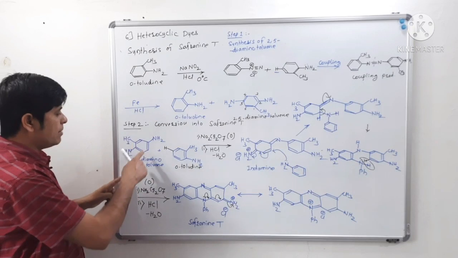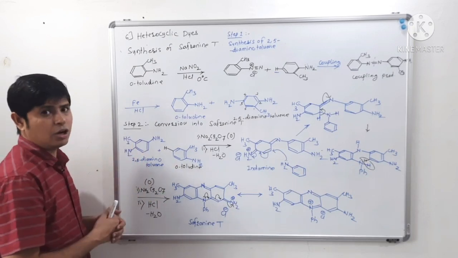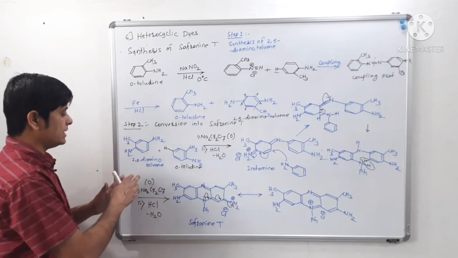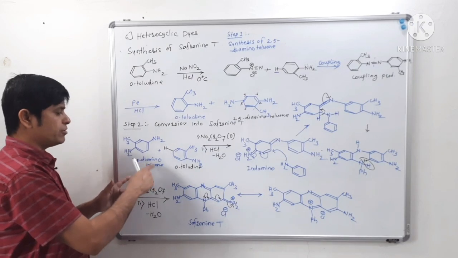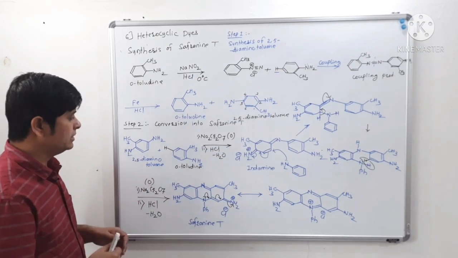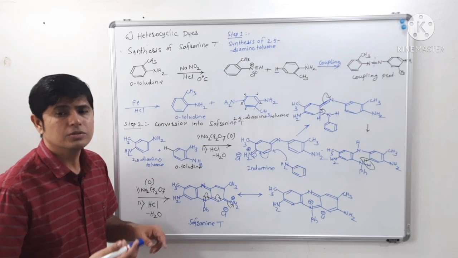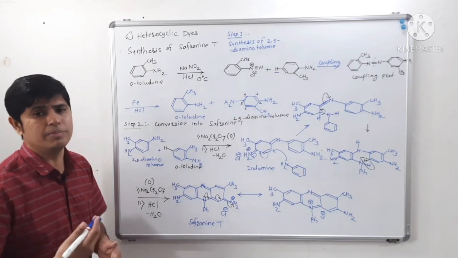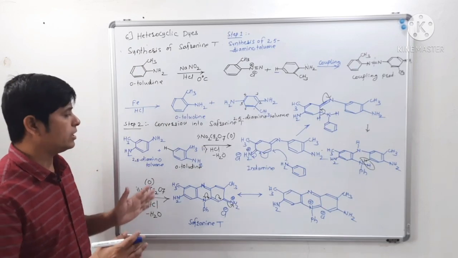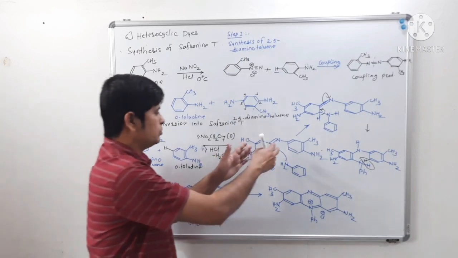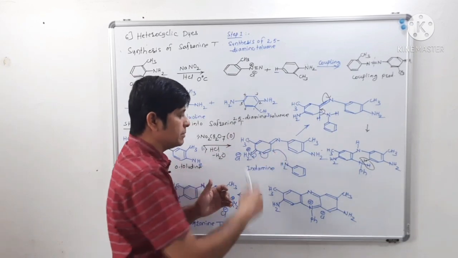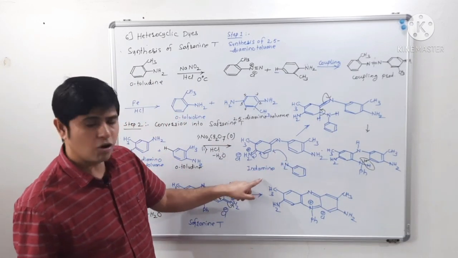So 2,5-diaminotoluene is reacted with orthotoluidine in the presence of an oxidizing reagent like sodium dichromate. So there will be oxidative coupling. Two rings will get coupled. We will get this intermediate. Now this intermediate is called indamine.